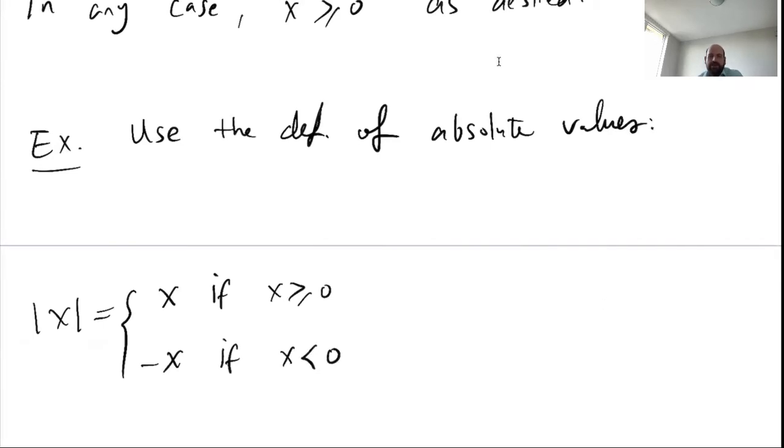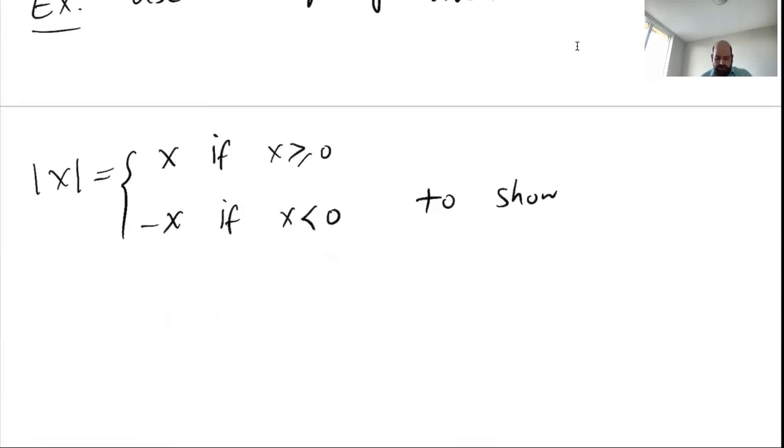Okay, so this is the definition of absolute value x, to show that absolute value x is bigger than or equal to 0 for every real number x.